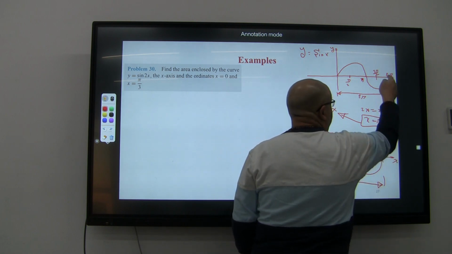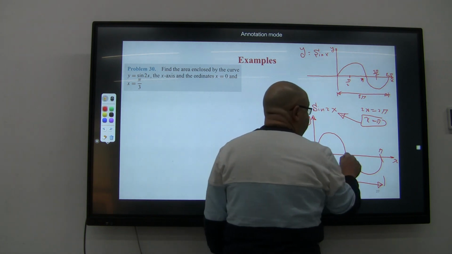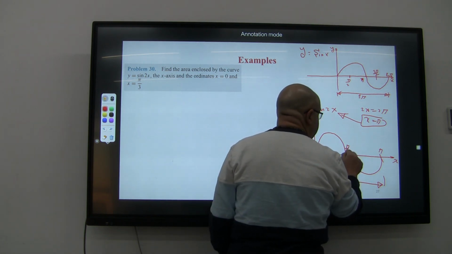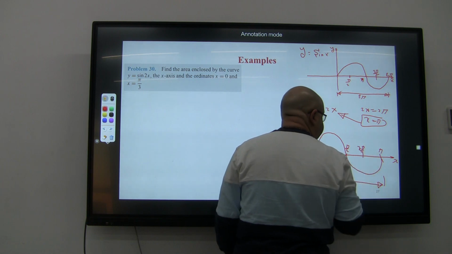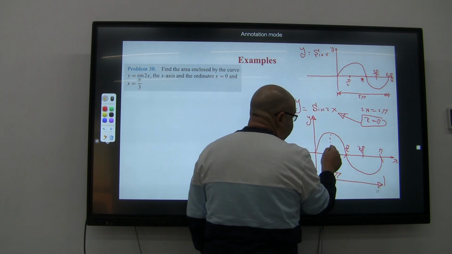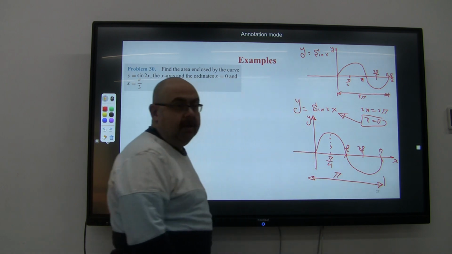So instead of having this as 2 pi, this is going to be pi. The middle will be pi over 2. This is going to be 3 pi over 4, and at the first quarter you will have pi over 4.